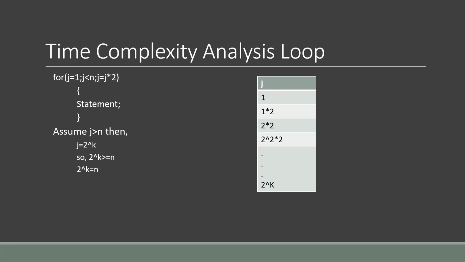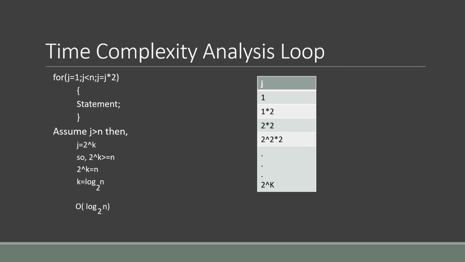Then we can say that 2 to the power k equals n, and k equals log base 2 n, which can be expressed as the time complexity of order of log base 2 n. This order of log base 2 n time complexity can also be found while doing binary search. You can check the description link for the binary search time complexity analysis.